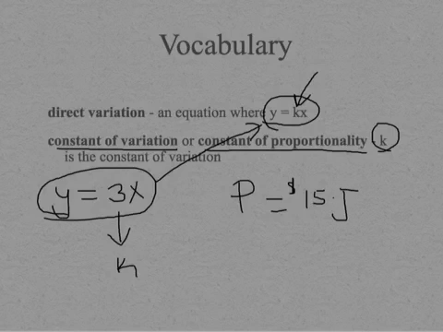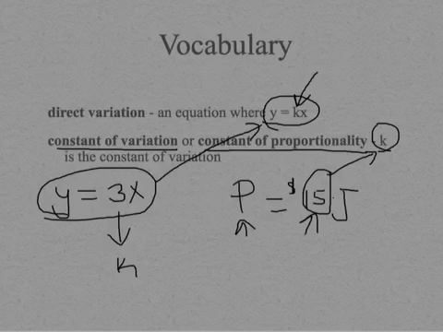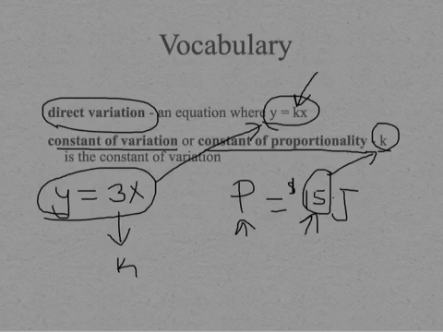J is the number of jeans. $15 is the amount of money that I paid for each pair of jeans, and P is the price that I paid. So 15 in this case, again, is going to be my constant of proportionality. And notice that P and J vary directly or have direct variation. All right, so it's kind of a big word for a concept that you guys are really comfortable with.